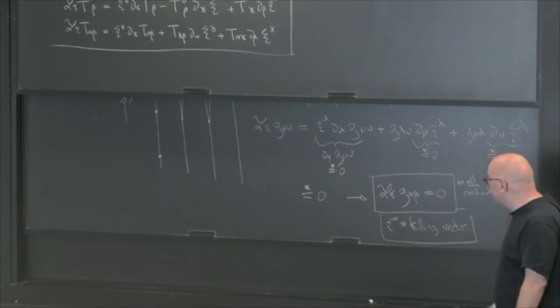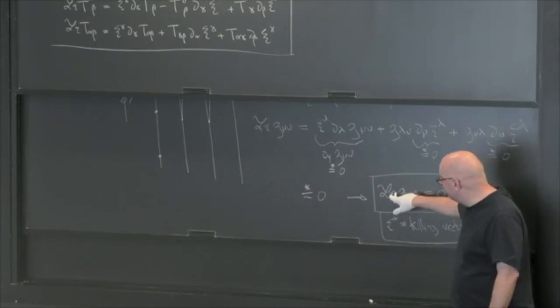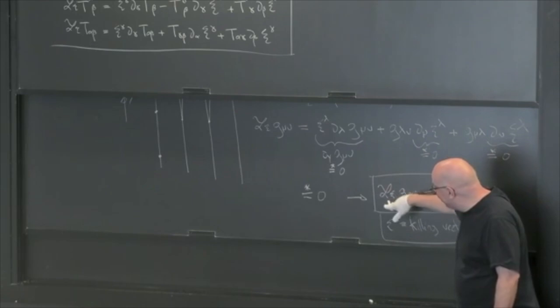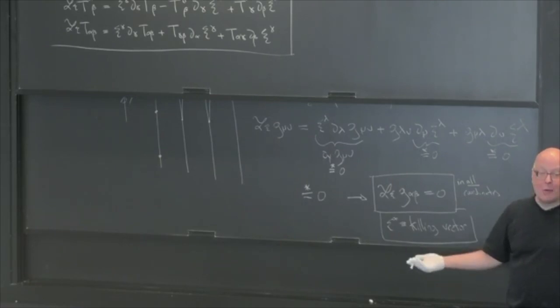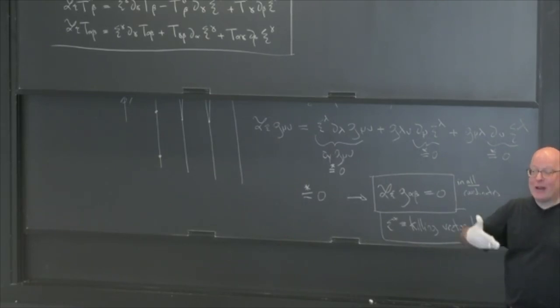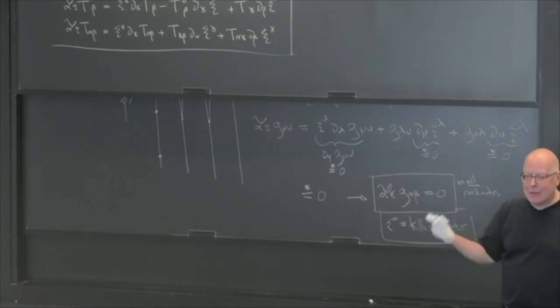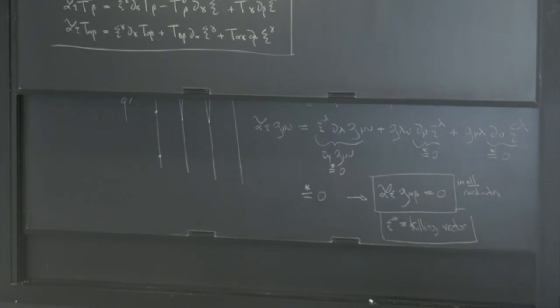And if you were to compare this, for example, with an attempt to formulate a statement like this in terms of the covariant derivative of the metric, well, it would be automatically 0. So the covariant derivative of the metric in any direction is guaranteed to be 0 because the connection is metric compatible, as we talked about last time. So the vanishing of the covariant derivative of the metric in any particular direction is completely devoid of any information.